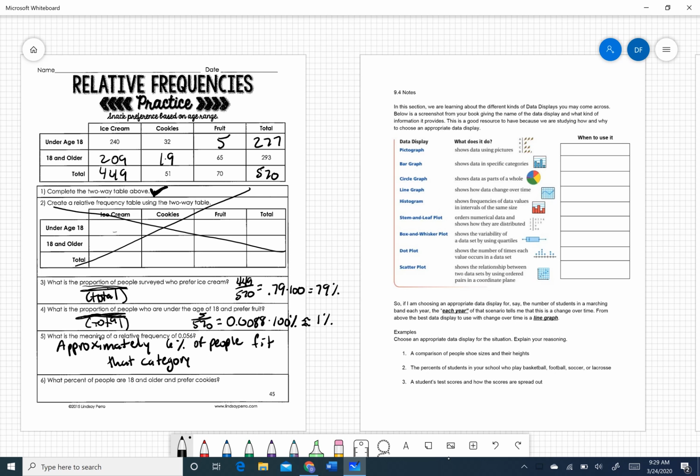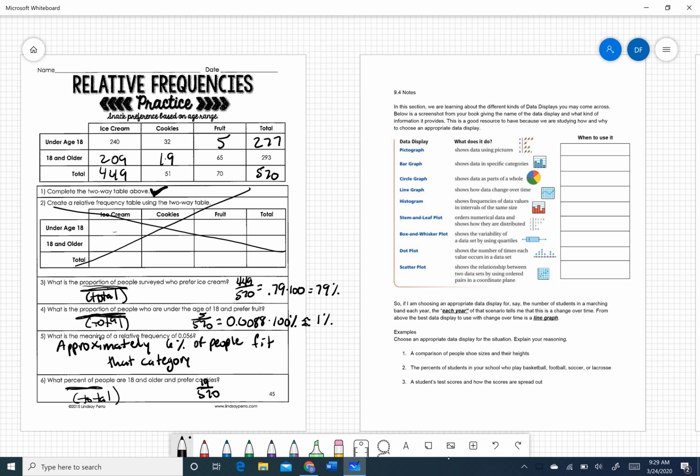And then lastly, number 6 is asking what percent of people are 18 and older and prefer cookies. Again, percent of people is going to be the total, so out of 570. We're looking at 18 and older who prefer cookies, so that's 19 people.